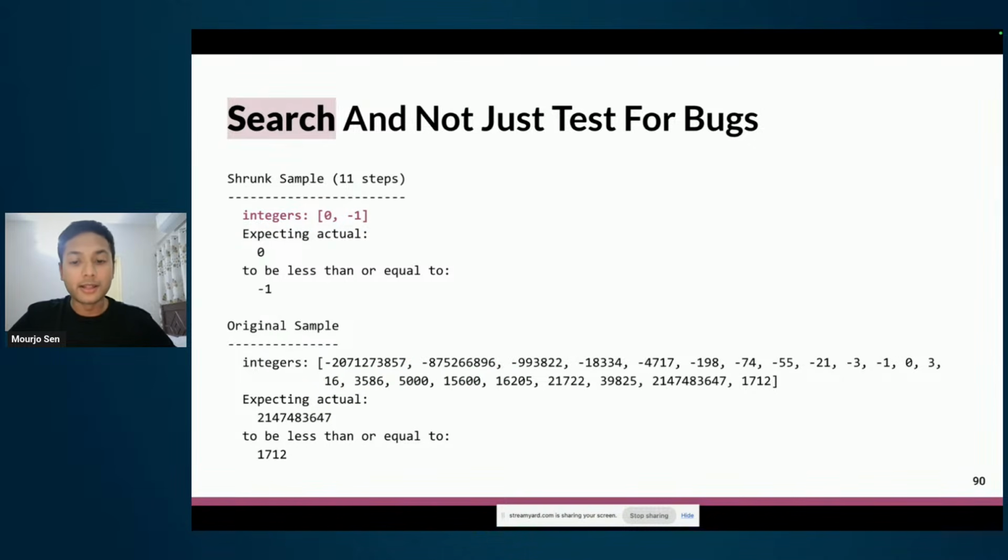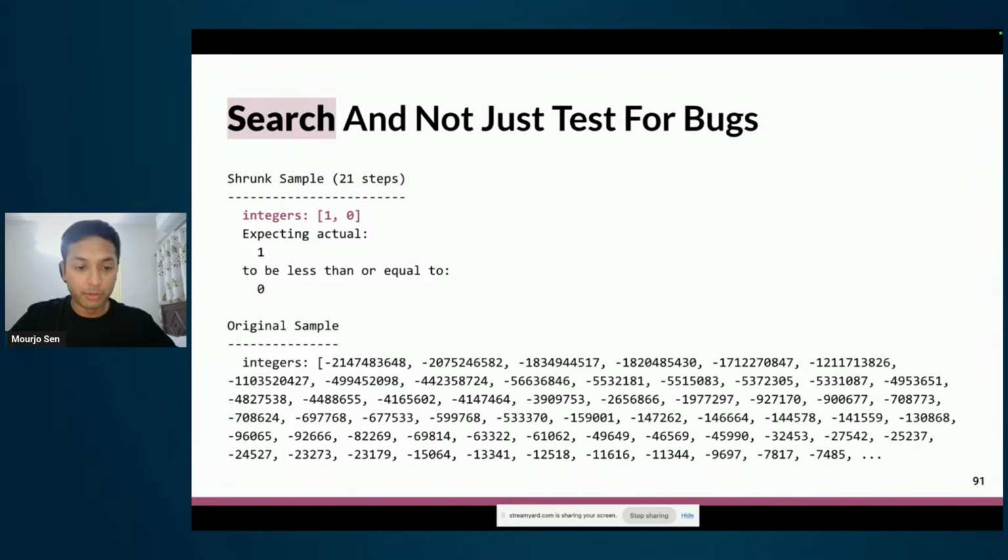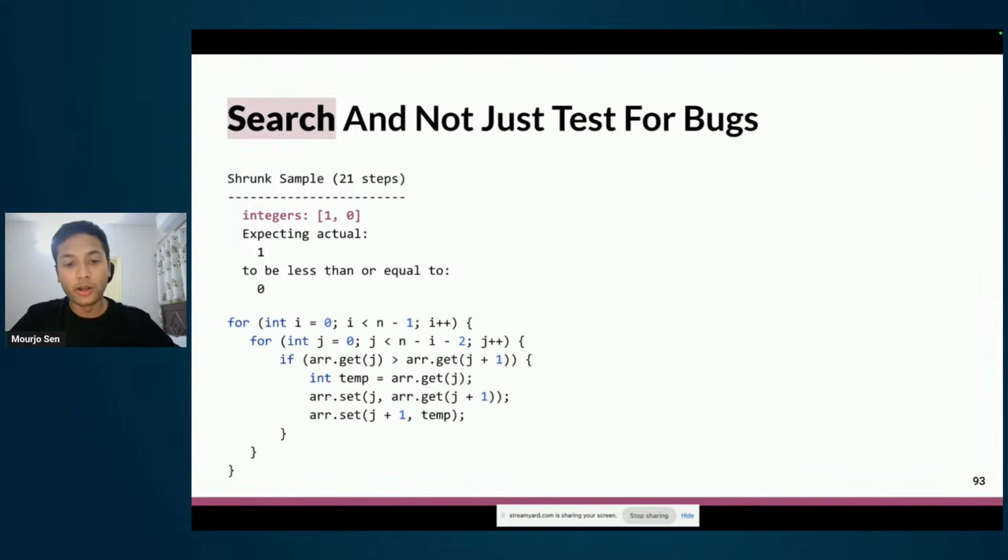Similarly, if I run this test multiple times, it will run into a different kind of original sample because ultimately it is generating those numbers, but eventually it shrinks it down to a 2-element array. And that's really powerful because sometimes the original sample is going to be so big that it doesn't even fit on the screen, but it is going to try its best to shrink it down so that for me, the programmer, it is easier to find where the problem is.